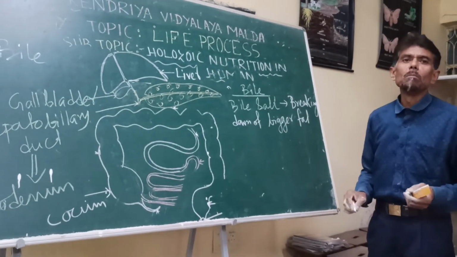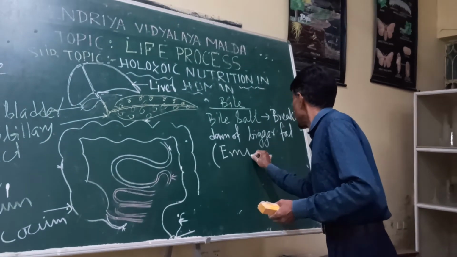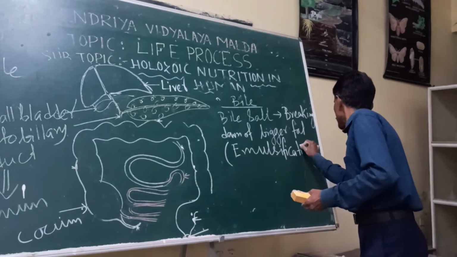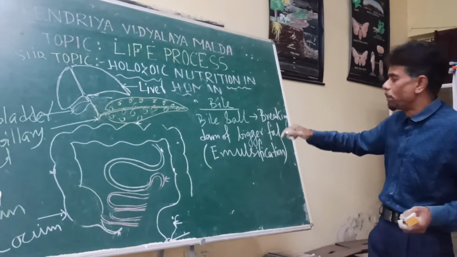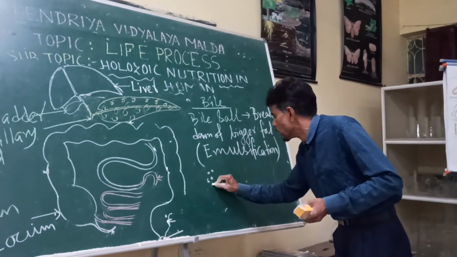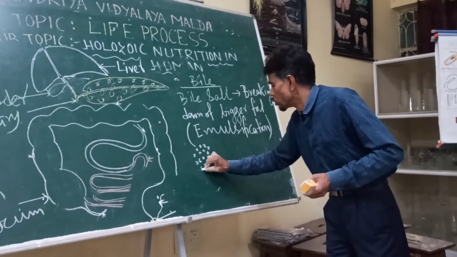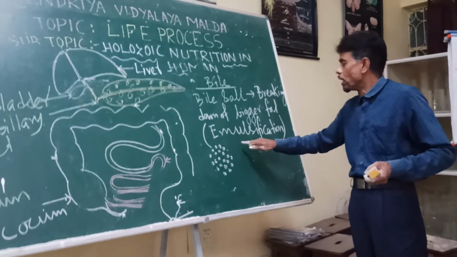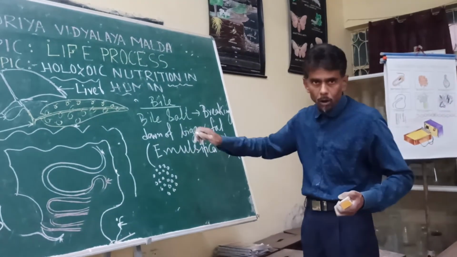This process we call emulsification. So the bile helps in the breakdown of bigger fat molecules into small globules, thereby increasing the surface area of the fat molecule, which makes it easy for digestion by the pancreatic juice. This is called an emulsified globule, and the process is emulsification, done by the bile salt.